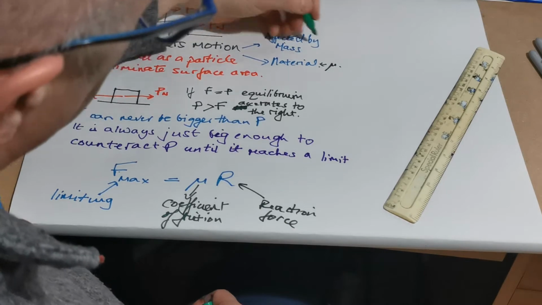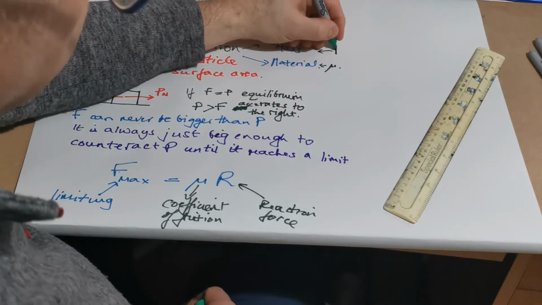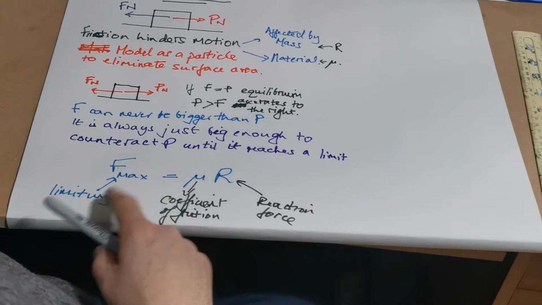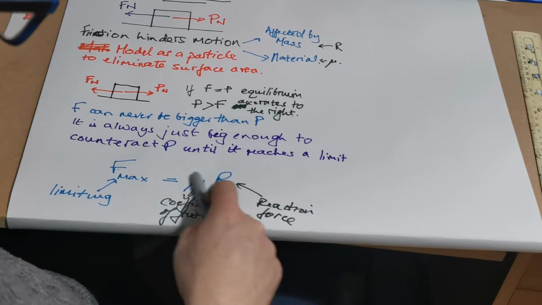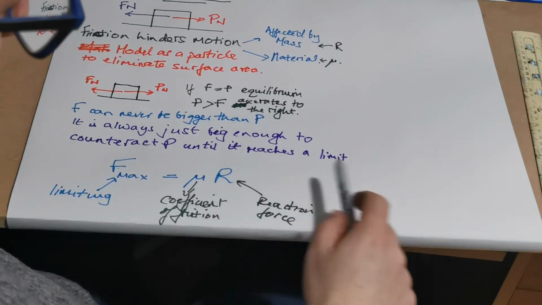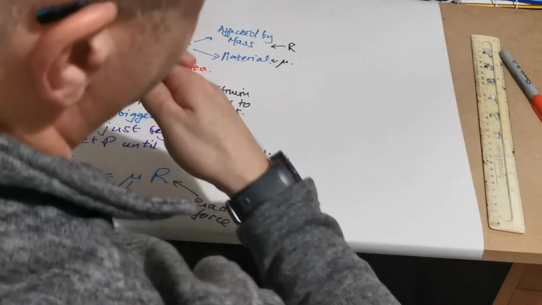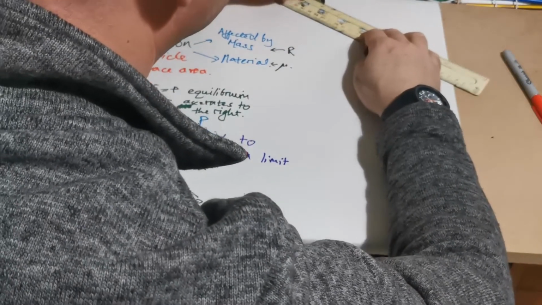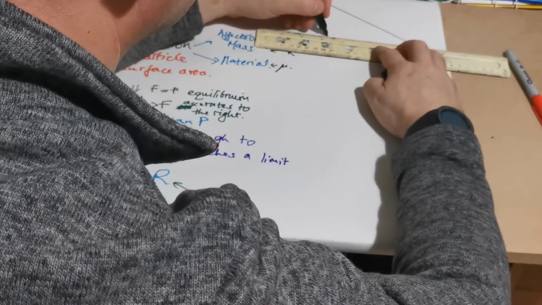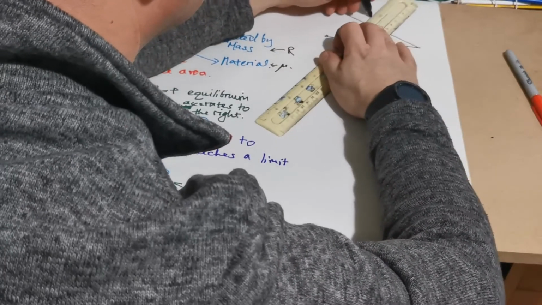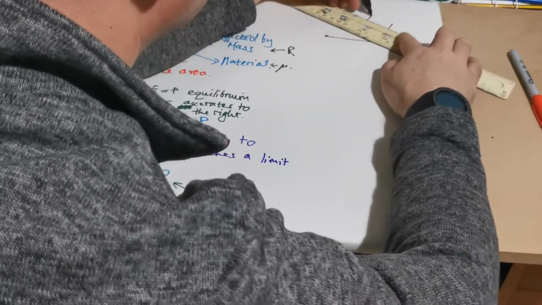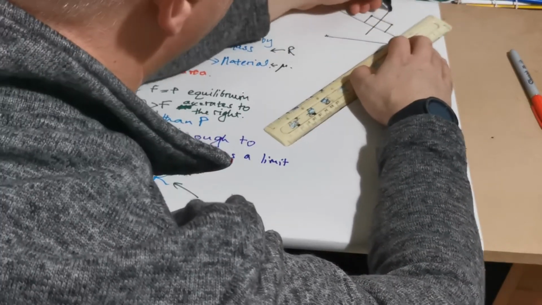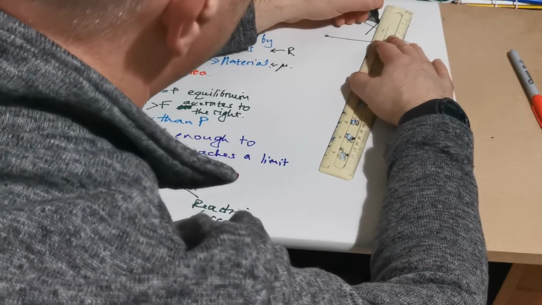And of course that is directly related to the mass. So friction, the maximum friction, is always going to be mu, the coefficient of friction, times R, the reaction force. And you could see that when you tip the plane up, you've got R coming through there, then mg here.